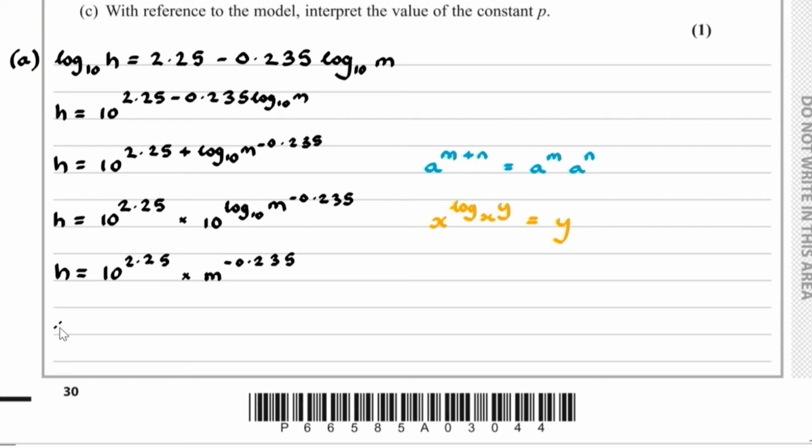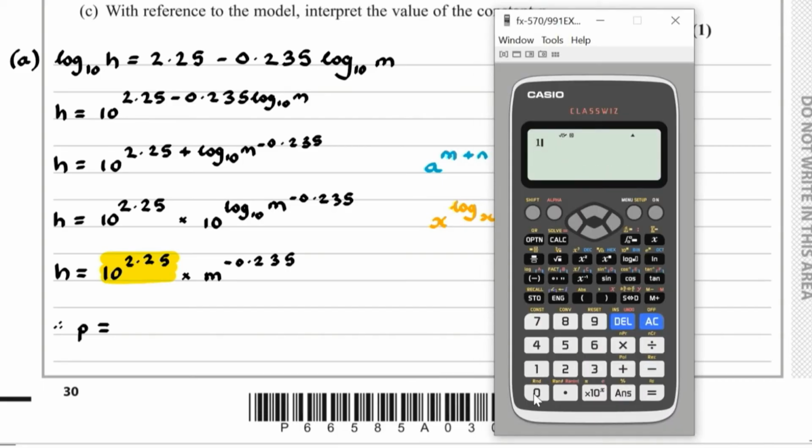So therefore, p is equal to 10 to the power of 2.25, which if we work this out, we get 178 to 3 significant figures. So this is the value of p.